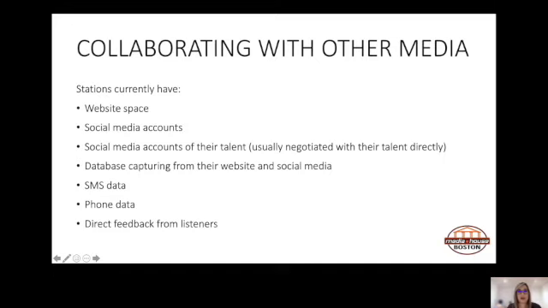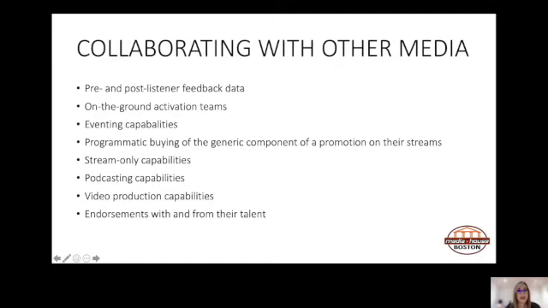Current radio stations now have website space, social media accounts of their talents, which presenters usually negotiate with the talent directly, database capturing from their website and social media, SMS data, phone data, direct feedback from listeners, pre and post listener feedback data, on-the-ground activation teams, eventing capabilities, programmatic buying of the generic component of a promotion on those streams, stream-only capabilities, podcasting capabilities, video production capabilities, endorsement with and from their talent, okay?